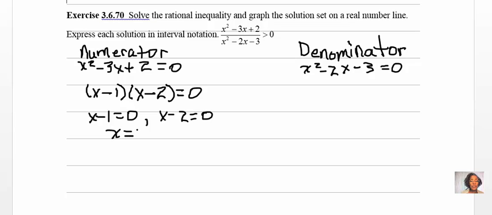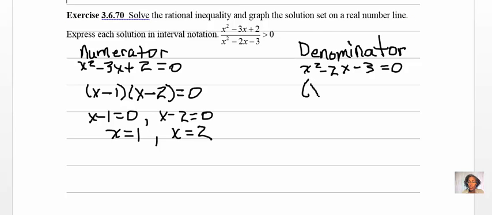And this would mean x is 1 or x is 2. So these solutions are my boundary points that I'm going to use to divide up the number line.